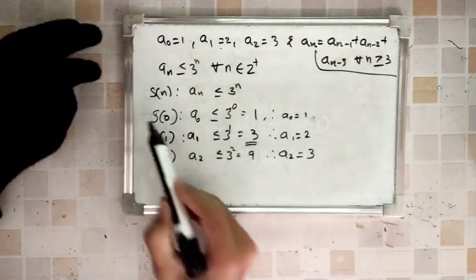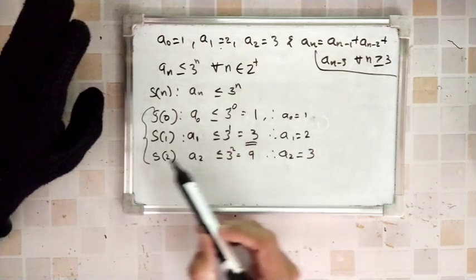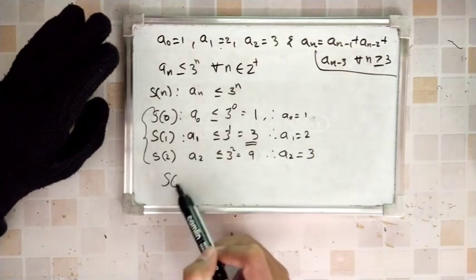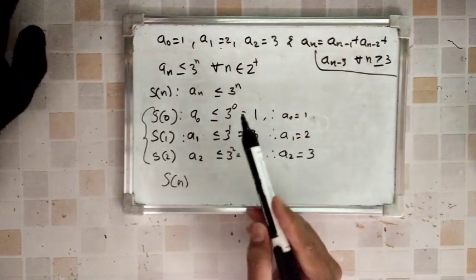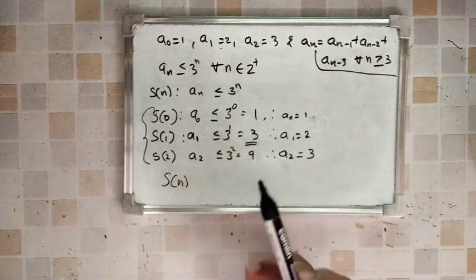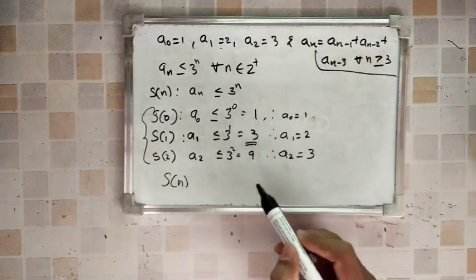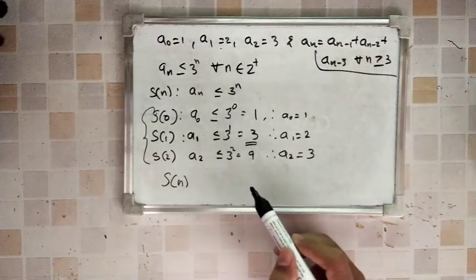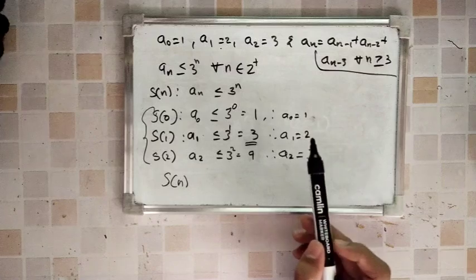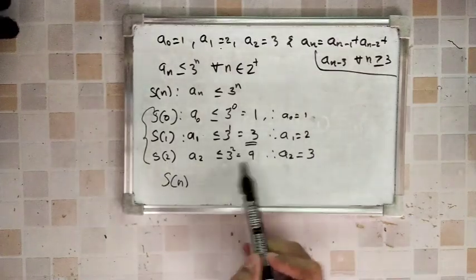Then I will assume all these three terms are true. So I will say that S(n) is true for all n belonging to the positive integers. Then, as in mathematical induction, I will take S(k) also true for all k greater than or equal to 2. Why am I taking k greater than or equal to 2? Because for S(2) I am getting less than or equal to 9.